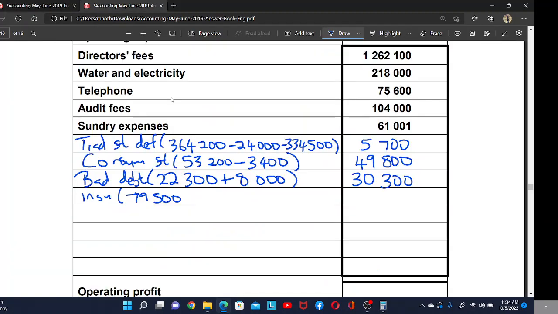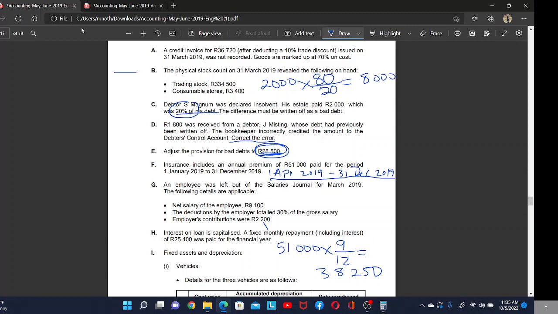So minus 38,250, which is 41,250. And then let me erase this.